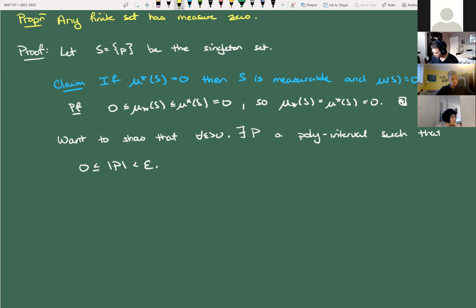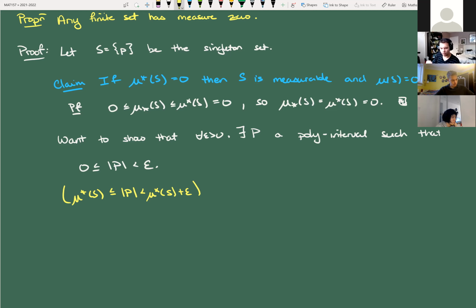But again, let me put this, right? Normally, this is what we would have done. But in this case, that outer measure we're claiming is 0, right? So if we replace mu upper star S with 0, we do get the statement above.